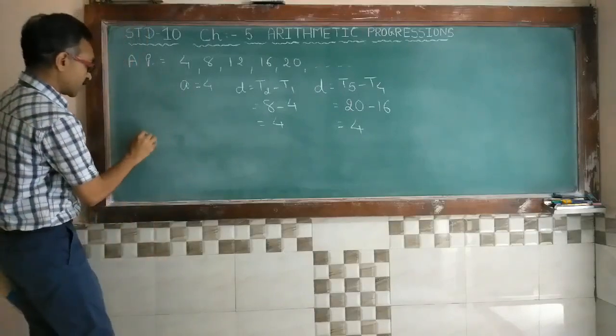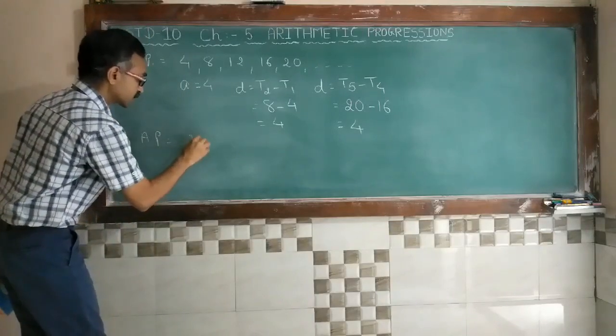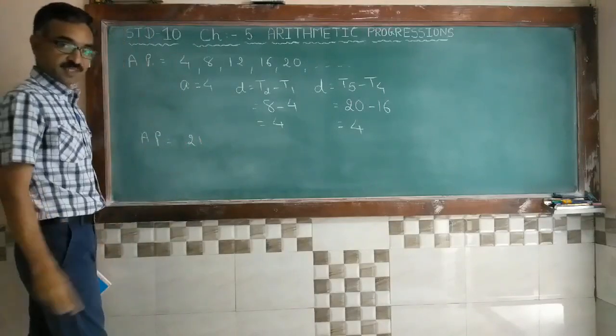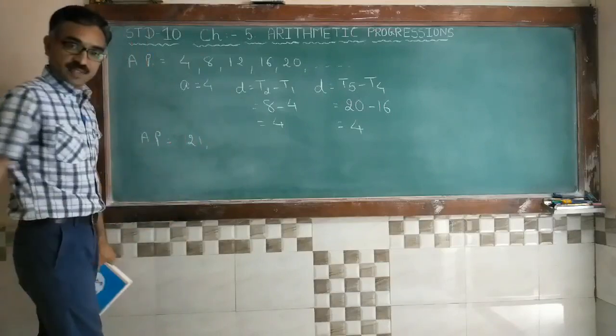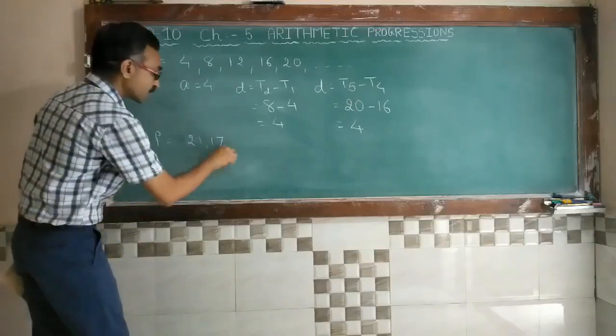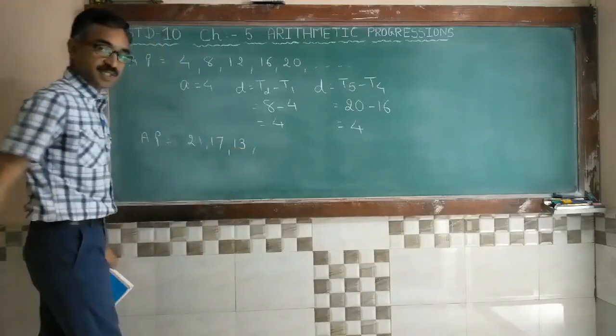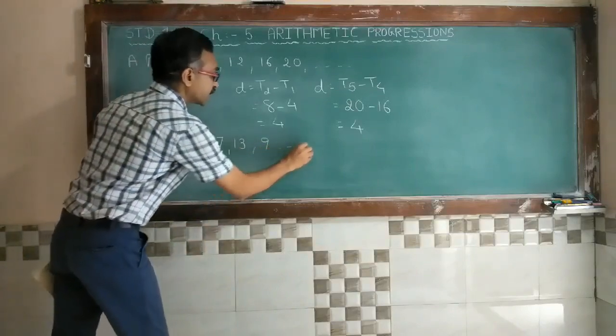Now suppose your AP is: first term is 21, second term is 17, third term is 13, fourth term is 9, and so on.